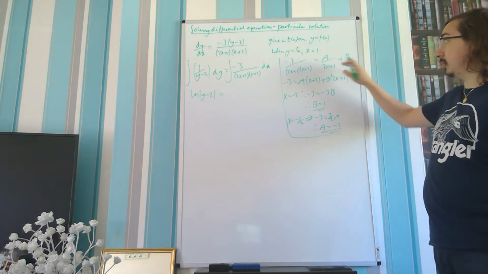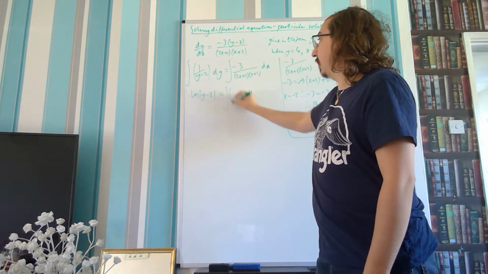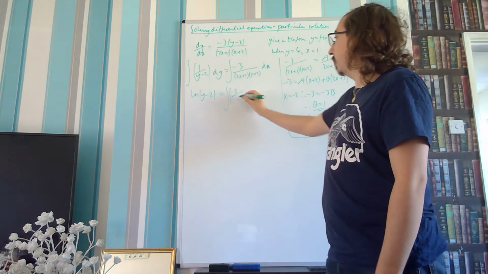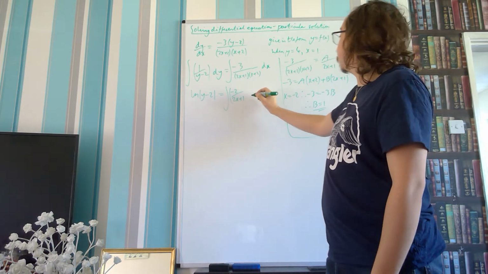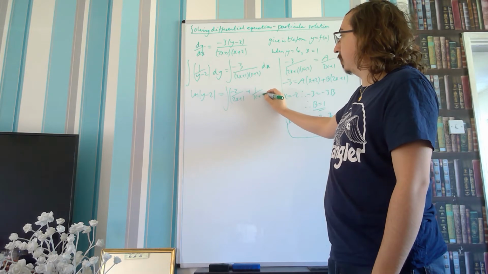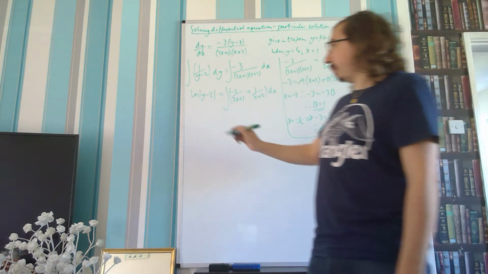So we can substitute those into our expressions and then into our integral. So really we're integrating minus 2 over 2x plus 1 plus 1 over x plus 2 with respect to x.